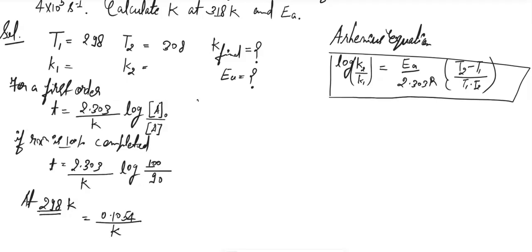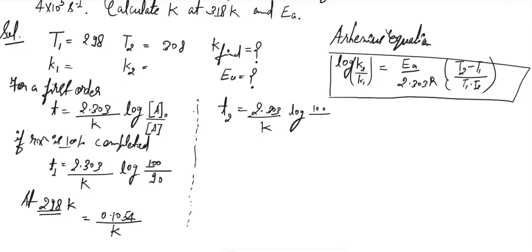Now the same concept we will repeat for the second temperature. Suppose this was T1 and this is T2. So T2 will be 2.303 upon K log of the initial concentration, which is 100, and the final concentration that is left.